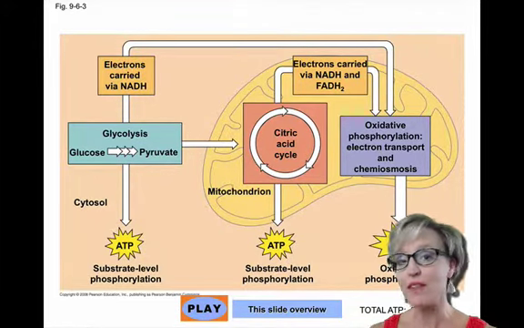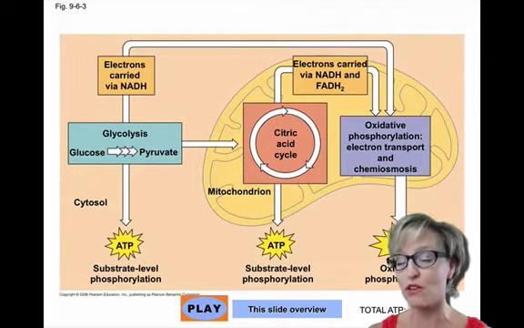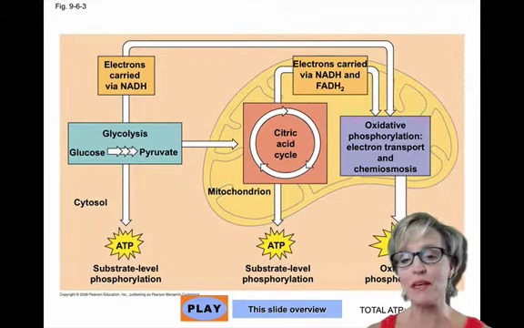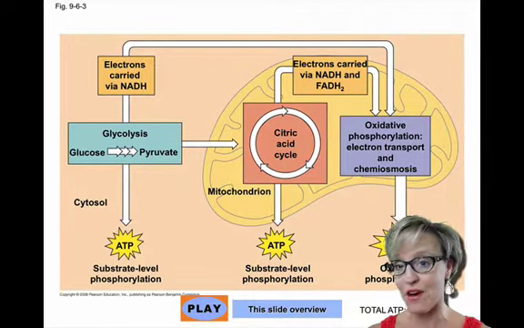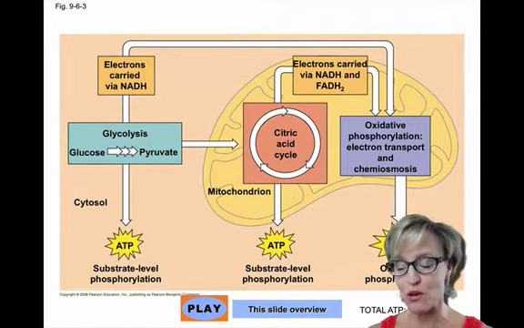The pyruvates then go to the citric acid cycle, where we continue to oxidize the pyruvates, while we reduce our electron carriers and we make a couple ATPs. The electron carriers ferry their electrons to the oxidative phosphorylation stage, where they meet up with the electron transport chain.